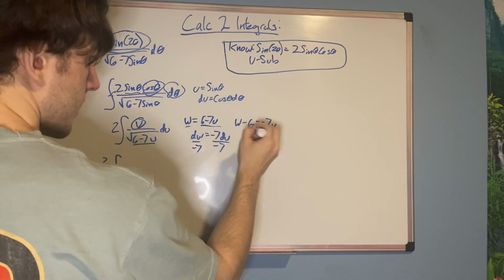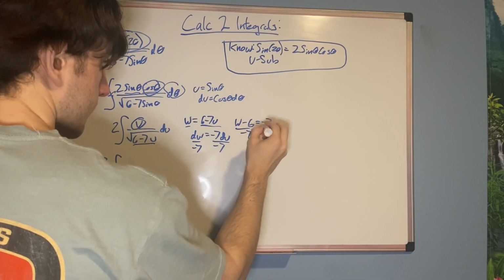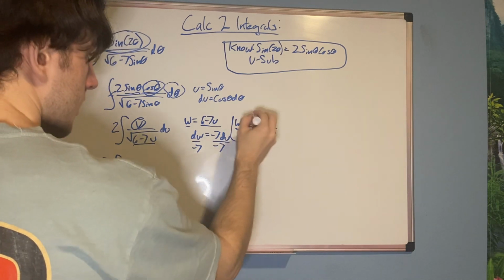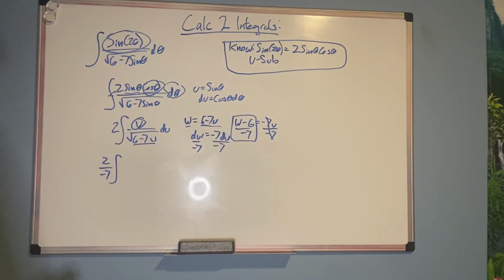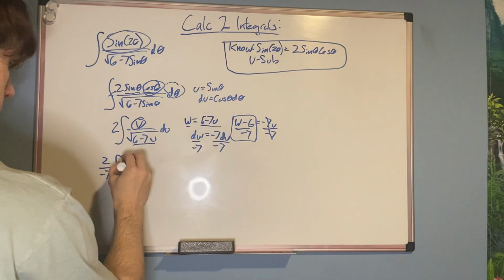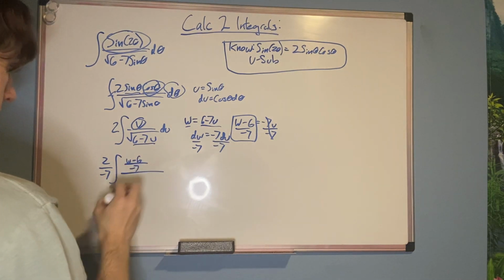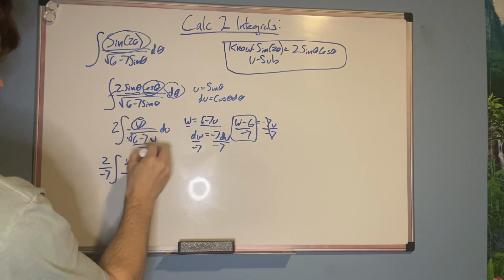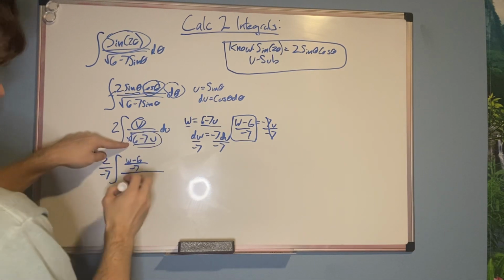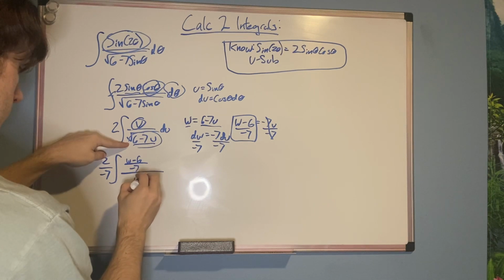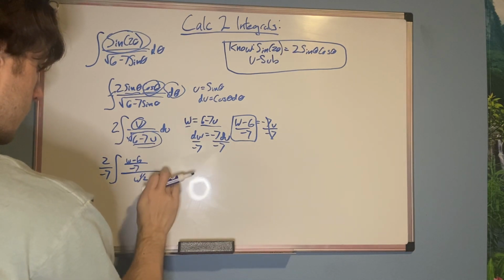Then we can divide by minus 7, and so u equals w minus 6 over negative 7. So let's write that in the numerator, w minus 6 over negative 7, divided by w, which is under a radical. So let's just put it as w to the 1/2, dw.